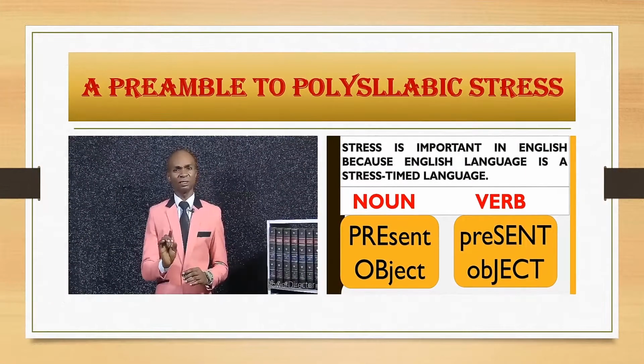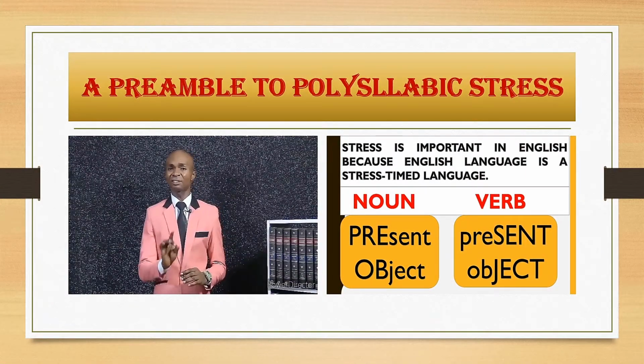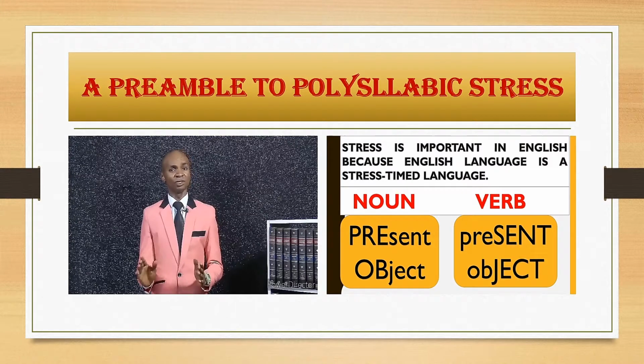Stress is important in English because English is a stress-timed language. That means if you do not place stress properly in your English, you might elicit unintelligibility between you and your listener. So it's important that you stress your words correctly to avoid confusion or miscommunication.